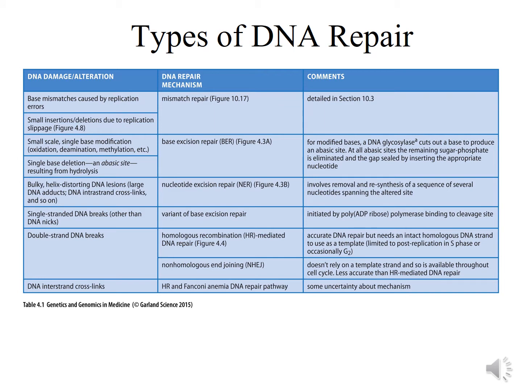Double-stranded breaks are repaired using primarily homologous recombination-mediated DNA repair, as well as non-homologous end joining. The DNA interstrand crosslinks are repaired using the HR and Fanconi anemia DNA repair pathways.